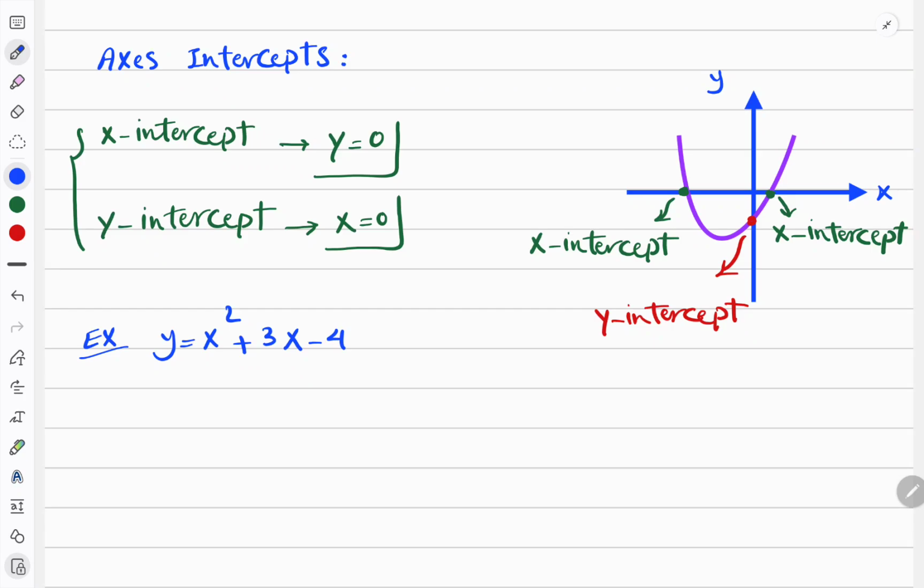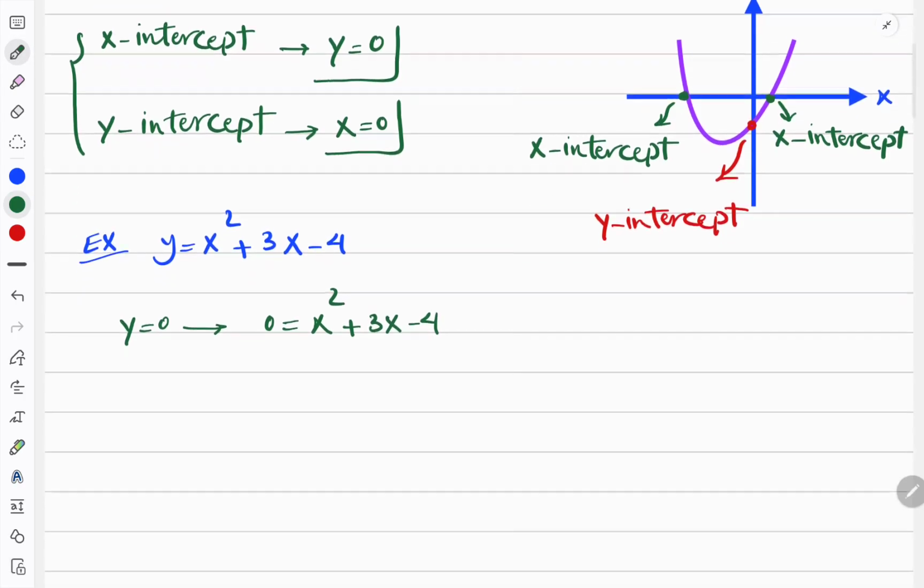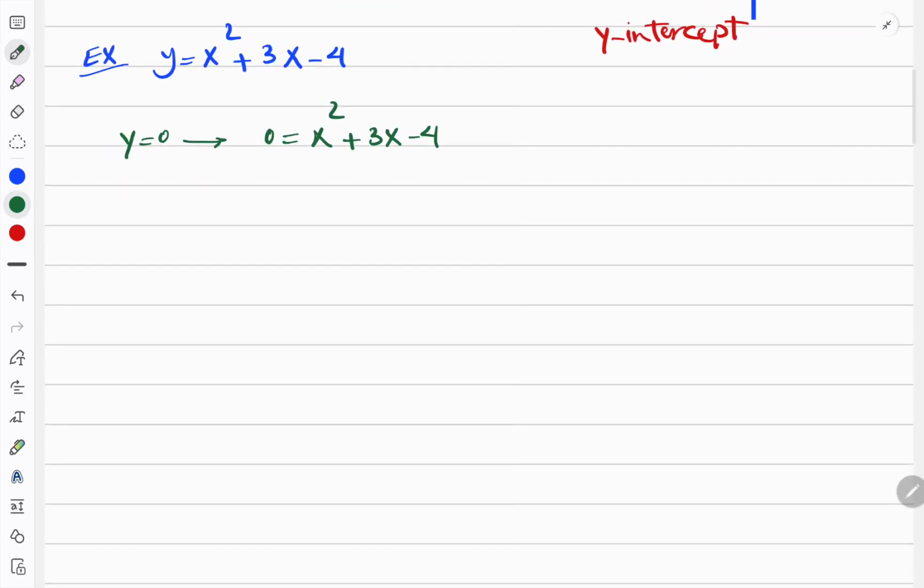This is the quadratic function and I'm going to find the x and y intercepts. As I said before, for finding x-intercepts, we should let y be 0. So y is 0 and substitute 0 in this equation. You can use different ways to solve for x.